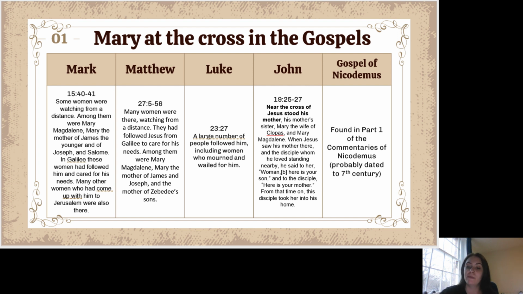Now, in John, Mary is specifically stated to be standing nearby, standing at the foot of the cross. This is very, very different from popular images of Mary at the foot of the cross, where we often see her fainting or swooning at the foot of the cross and her surrounded by women and supported by women.